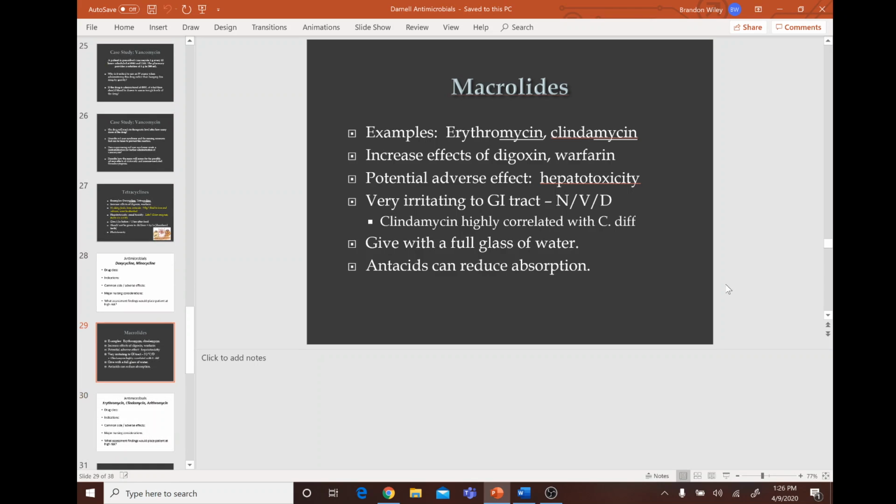Give me some examples of macrolides. Erythromycin and clindamycin. What are the side and adverse effects of macrolides? Hepatotoxicity and then nausea, vomiting, and diarrhea. What are the food and drug interactions of macrolides?